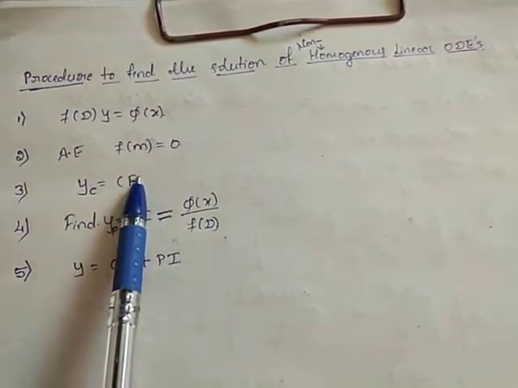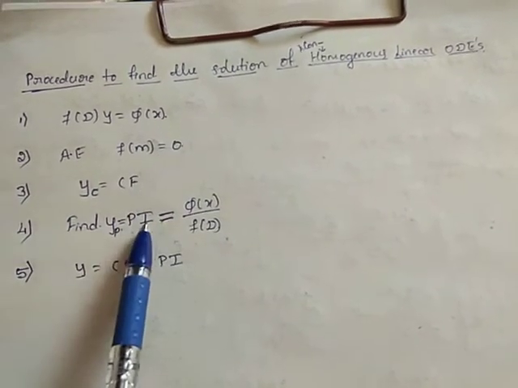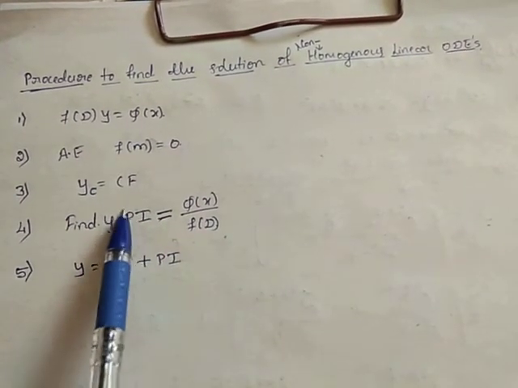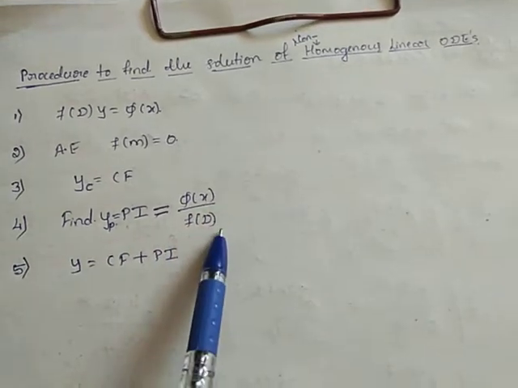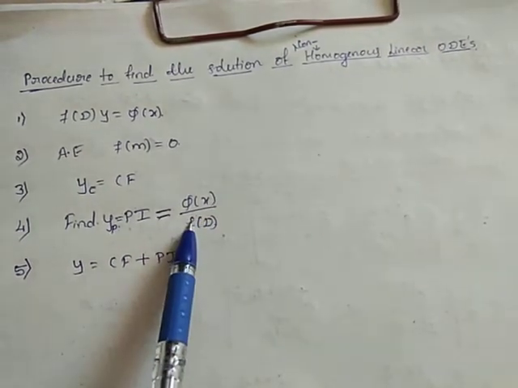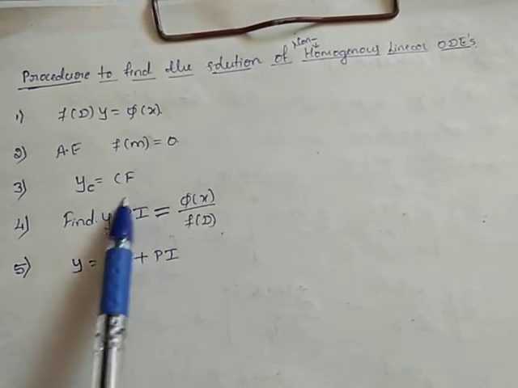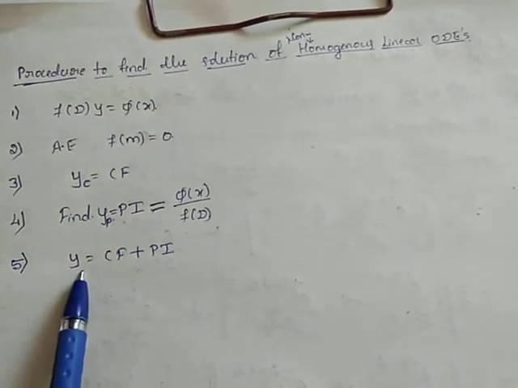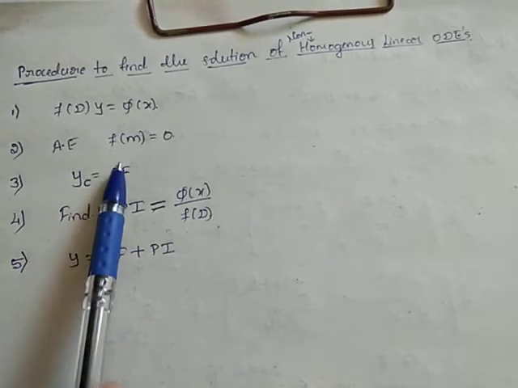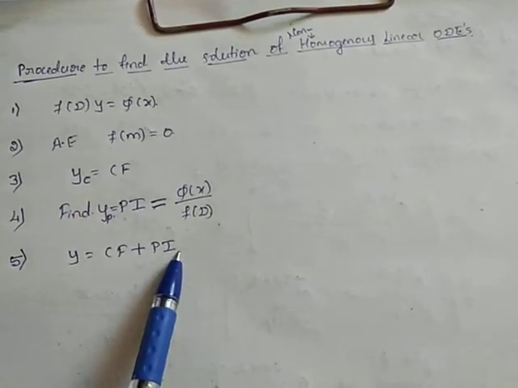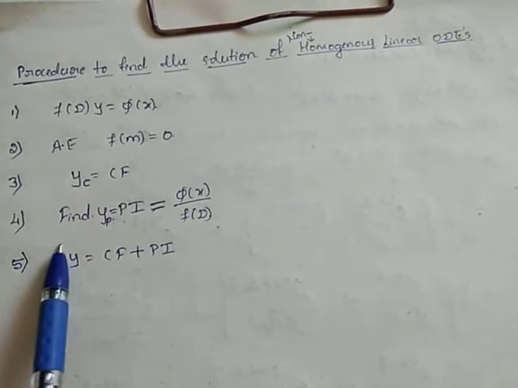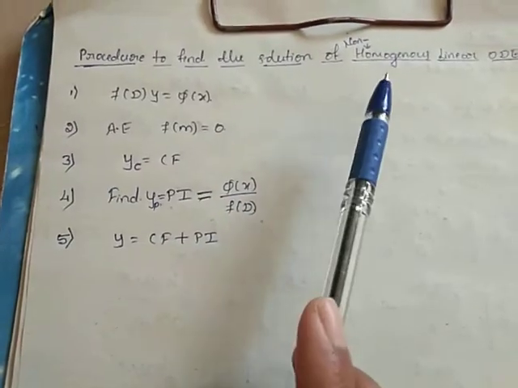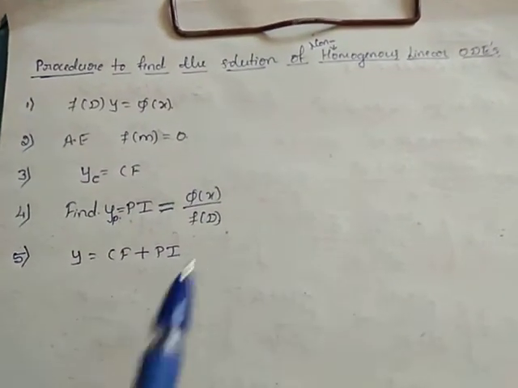After finding the complementary function we move to the particular integral, which equals function of x by f of D, as we discussed in the previous class. After finding the particular integral we write down the complete solution y. So our complete solution equals complementary function plus particular integral. That is our solution of this non-homogeneous linear ordinary differential equation.